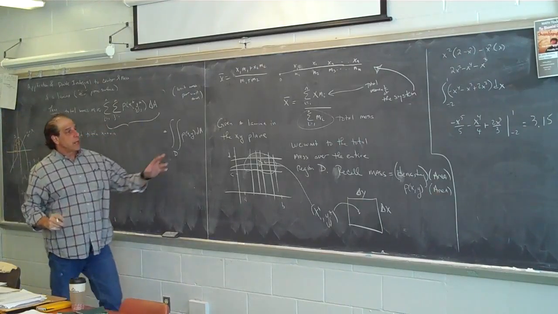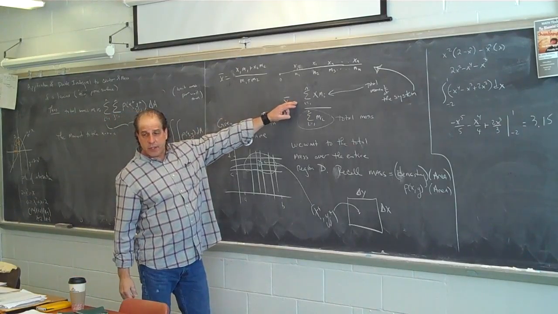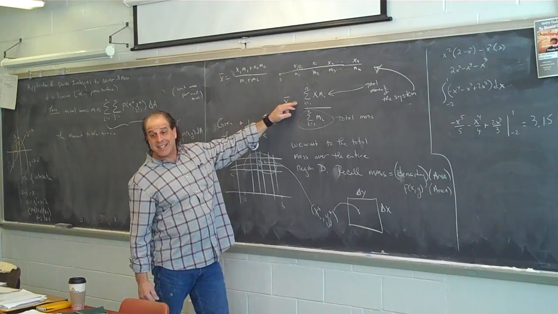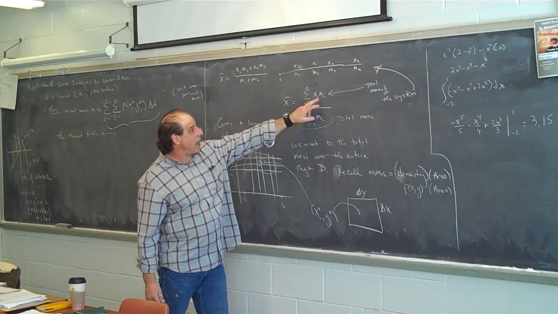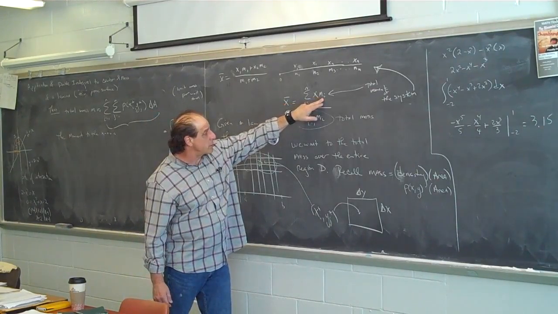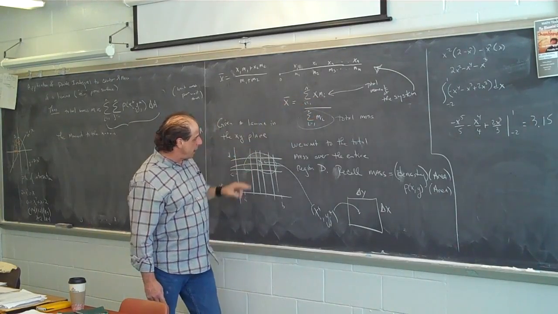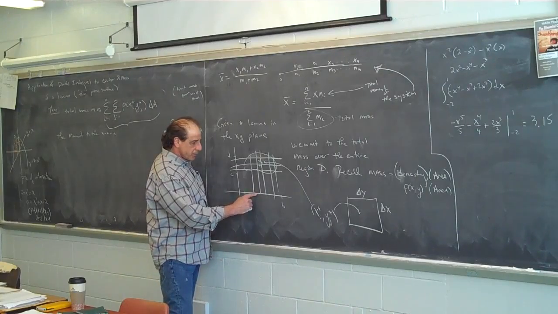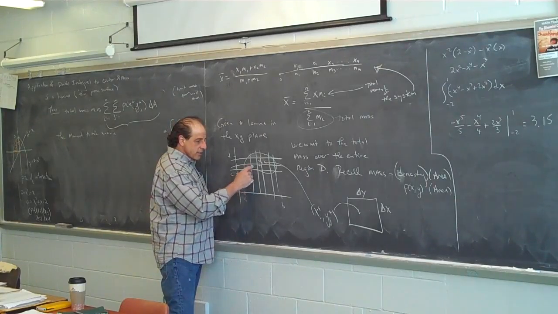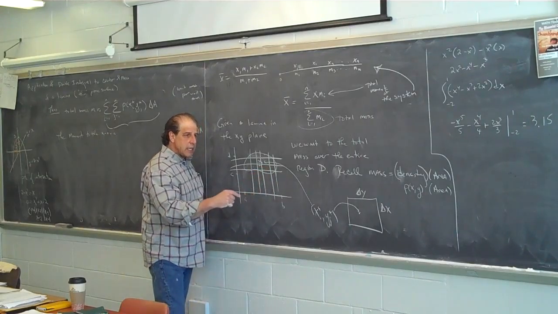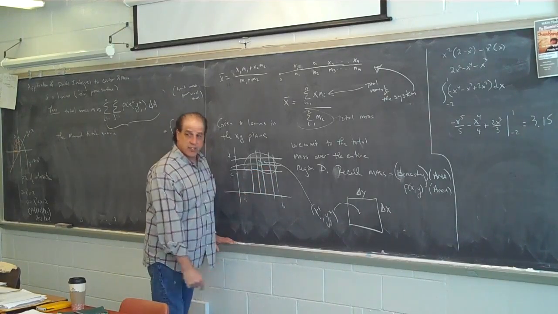The moment is the sum of the distances times the density. I'm sorry, times the mass at each point. It's the directed distance from the axis to each point times the mass at each point.